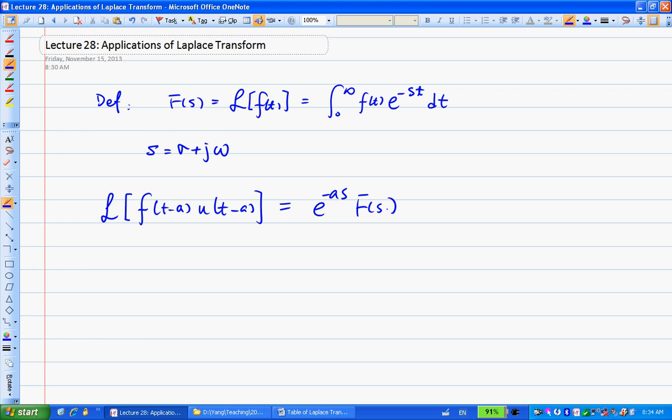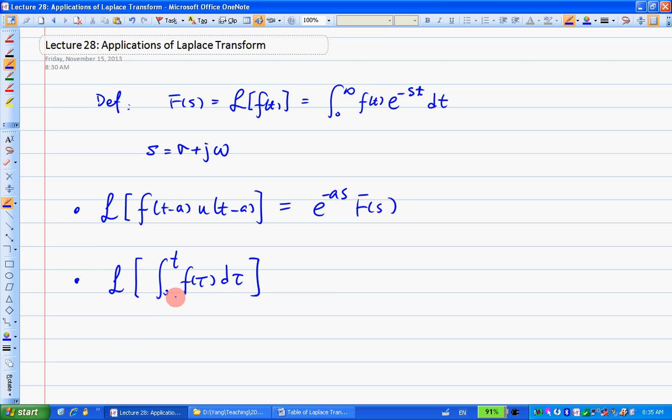One of the assignments I'm going to give you is a practice of this property, the proof. One more I want to mention is this one here, which will be used for one of the assignments too.